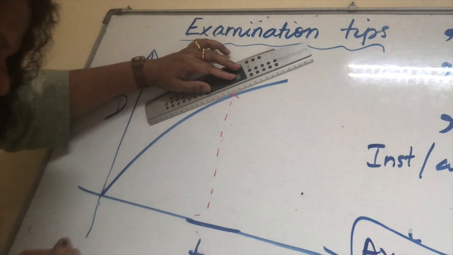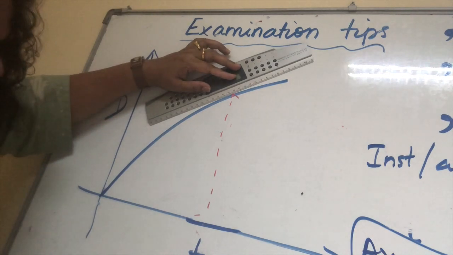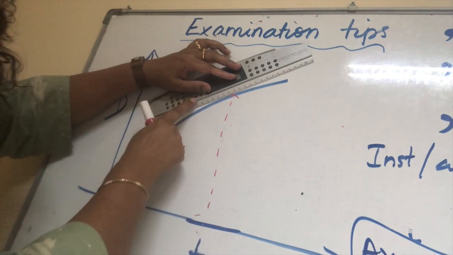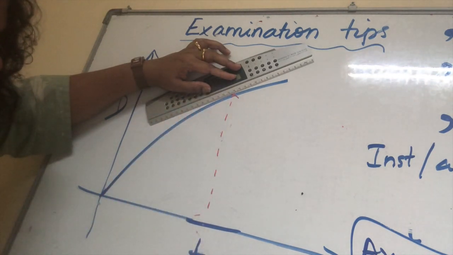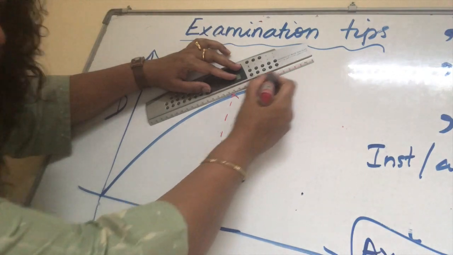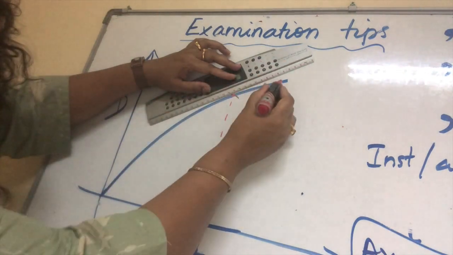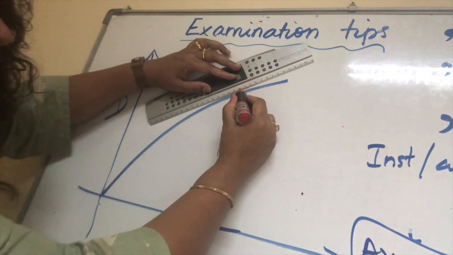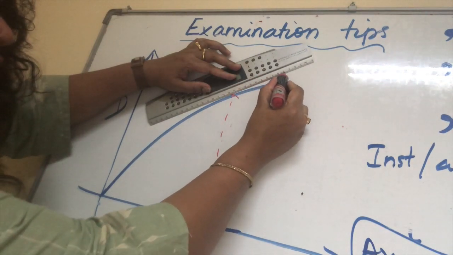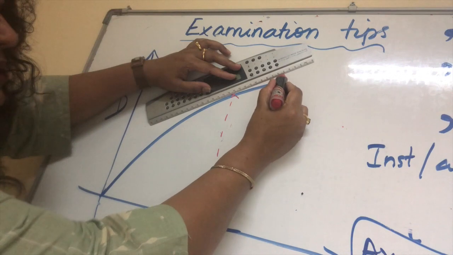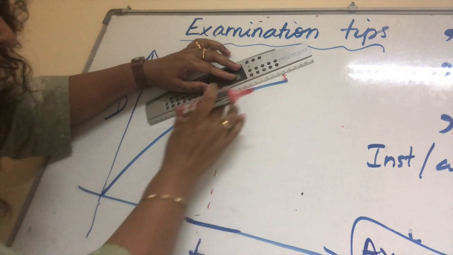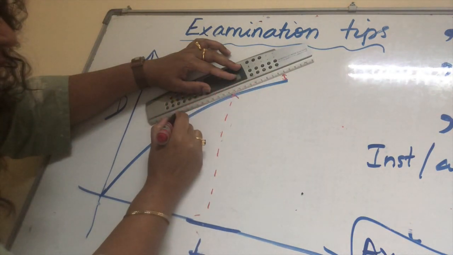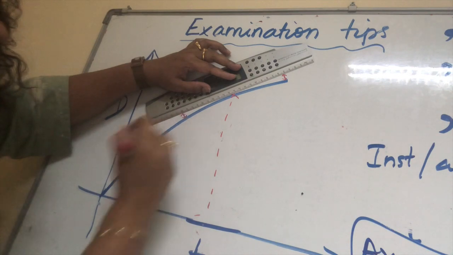As my teacher taught me, when you are placing this and it is touching, you look at the gap between the ruler and the curve. As it goes away, at the same distance from the point, you should have the same gap on the other side as well.